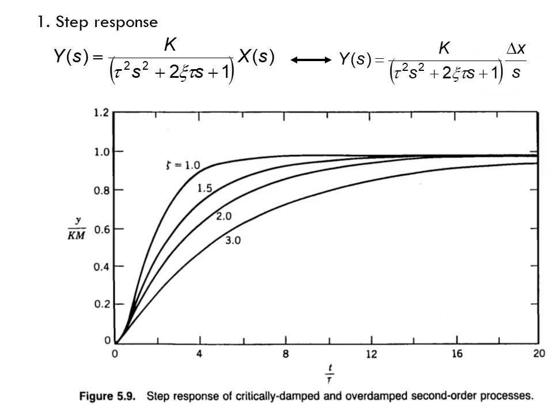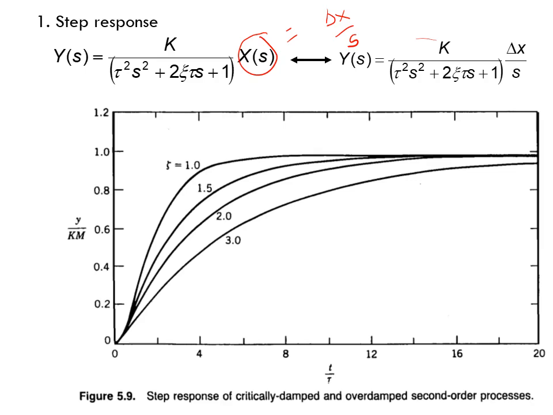Now we look at the change in step response. We assume that the input is a step change of magnitude A. So you need to substitute X(s) with delta X divided by s if there is a change in step response. This figure shows the step response for the second order process.